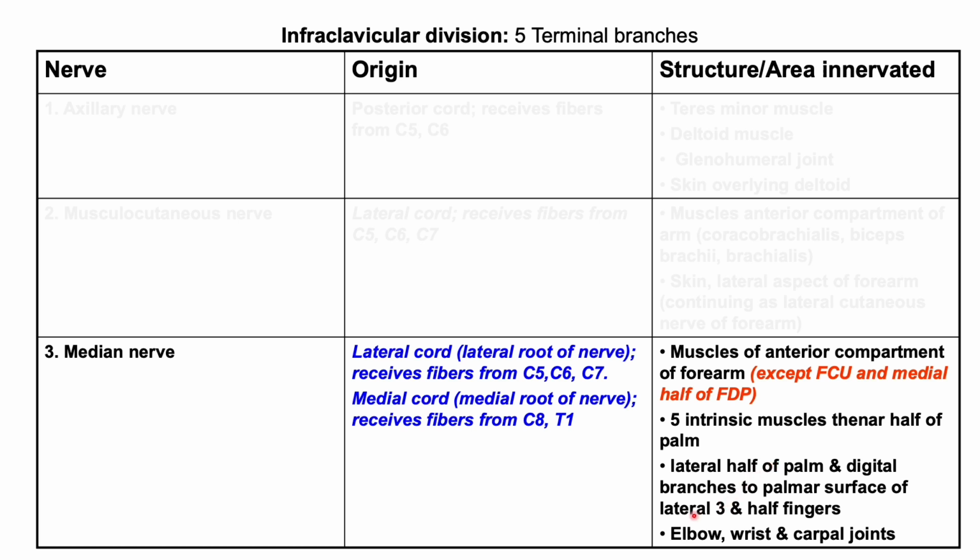It also gives articular branches to the joints, which include the elbow, wrist and carpal joints. So this is in general the area innervated by the median nerve. We will go into detail about its course and its branches.